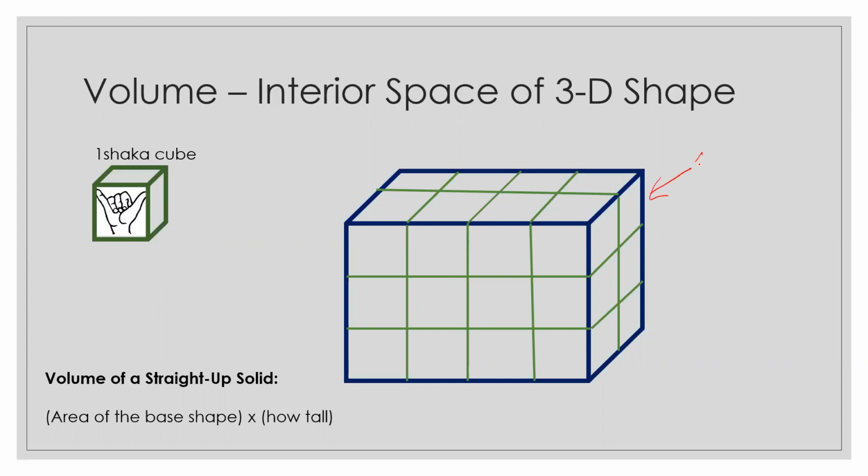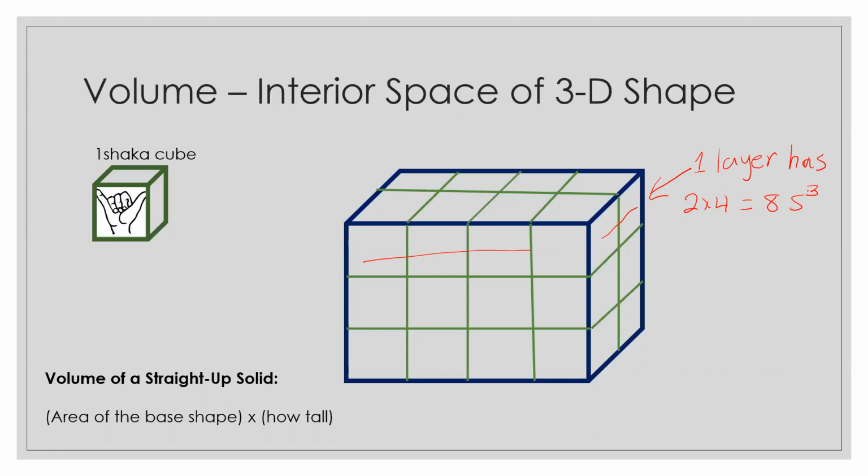This one layer right here, how many cubes does one layer have? I'm counting 2 by 2 by 4. Okay, that's 2 times 4, and that is 8. So one layer has 8 shaka cubes, right?